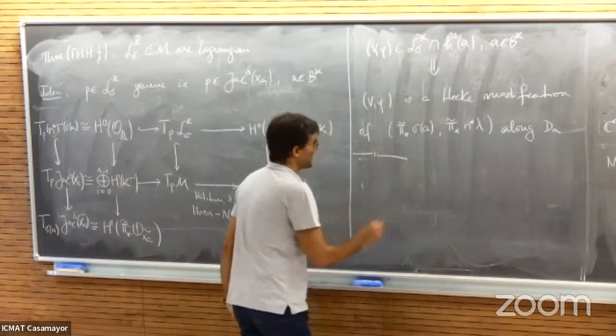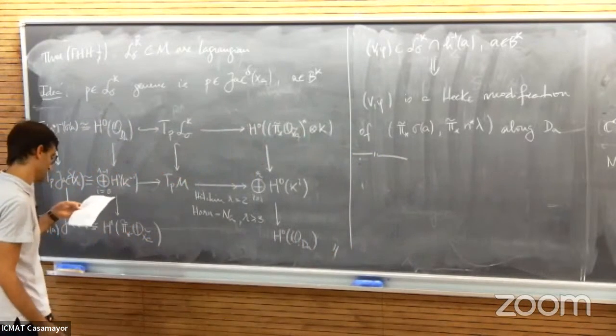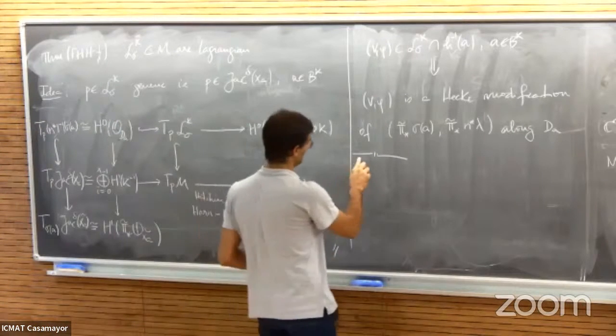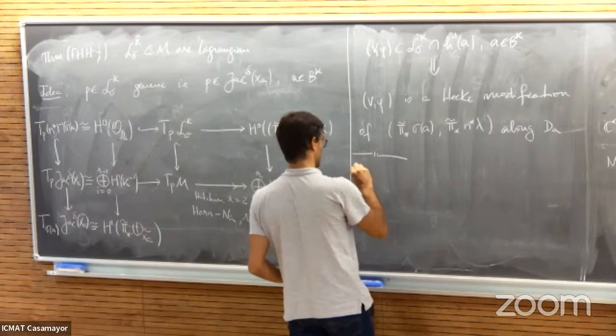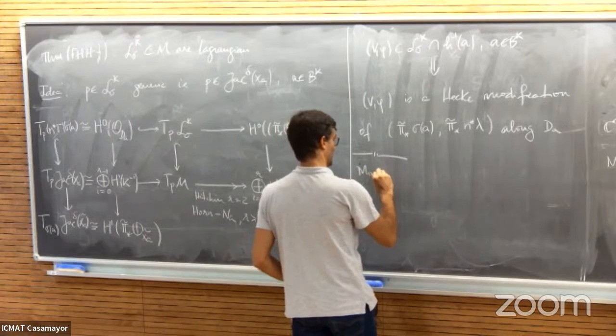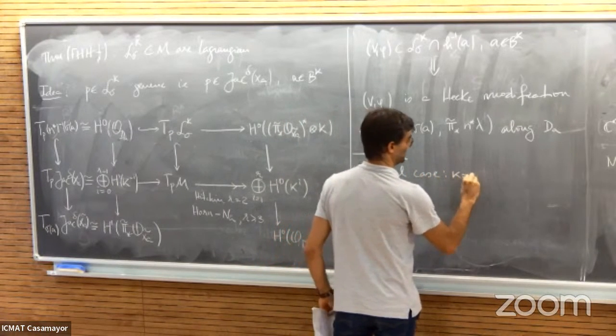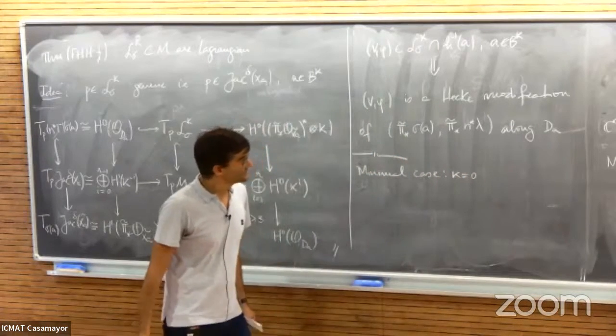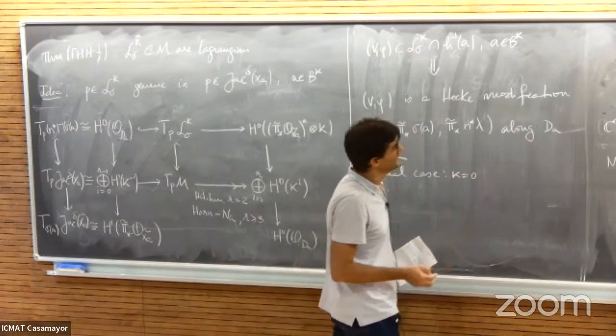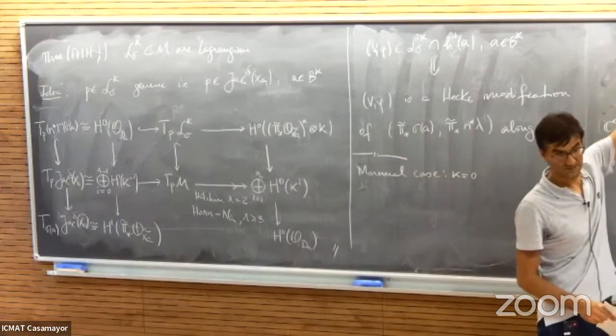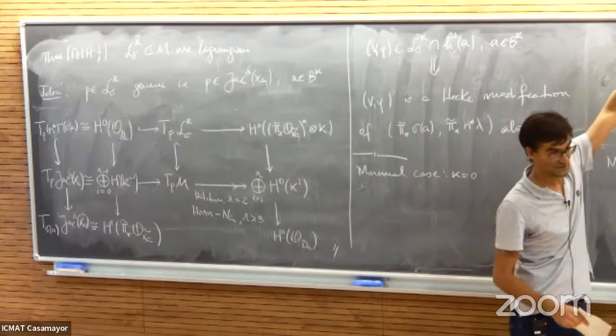Okay. Now let's go to one extreme and very degenerate case, so the minimal case. K equals 0. For K equals 0, this is very degenerate. So remember then the spectral curve is smooth, so these curves are equal.